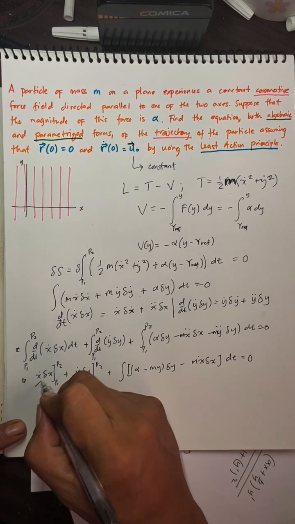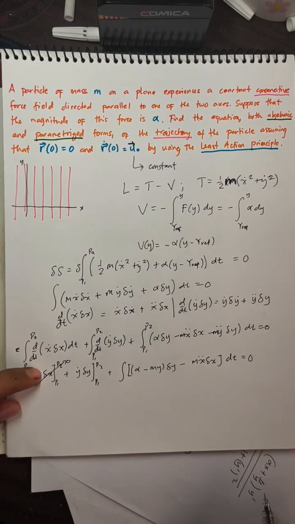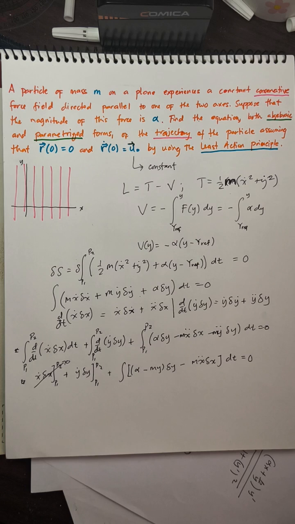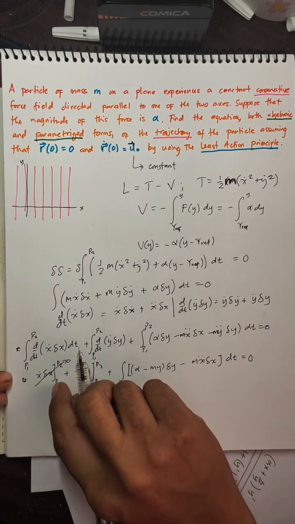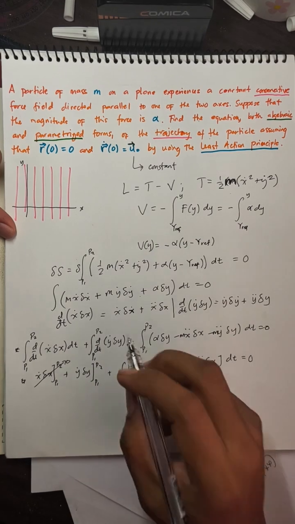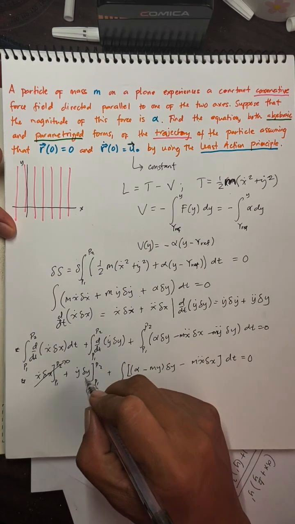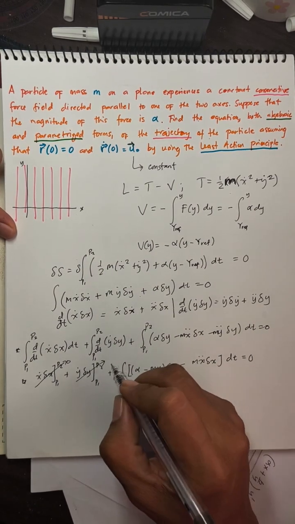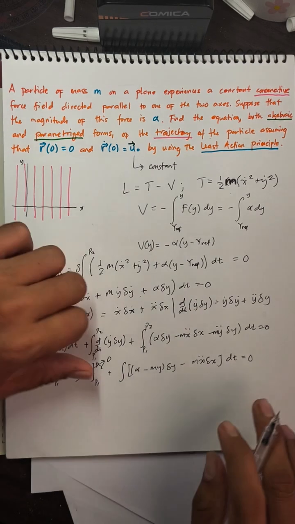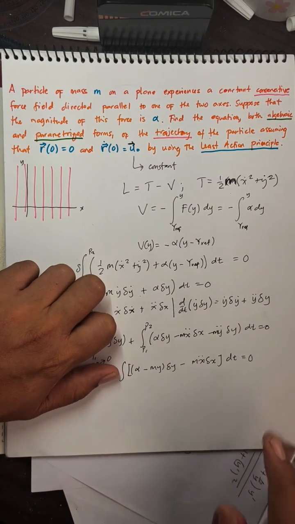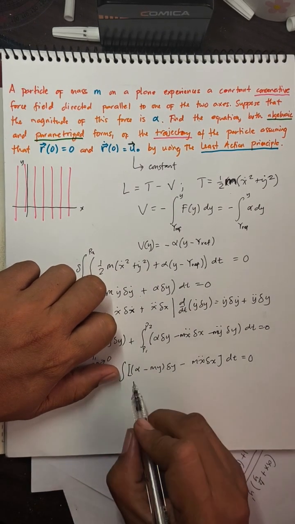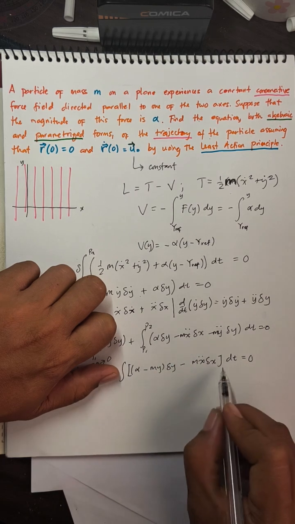Now, this is 0 because delta x is 0 at the boundary, at p1 and p2, as well as delta y is 0 at p1 and p2. So this is 0. What is left is this term here, meaning that this must be 0 inside.